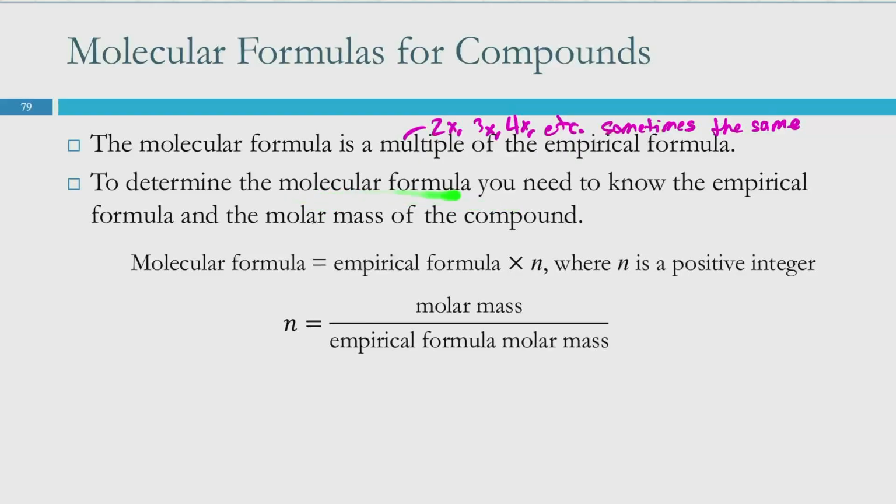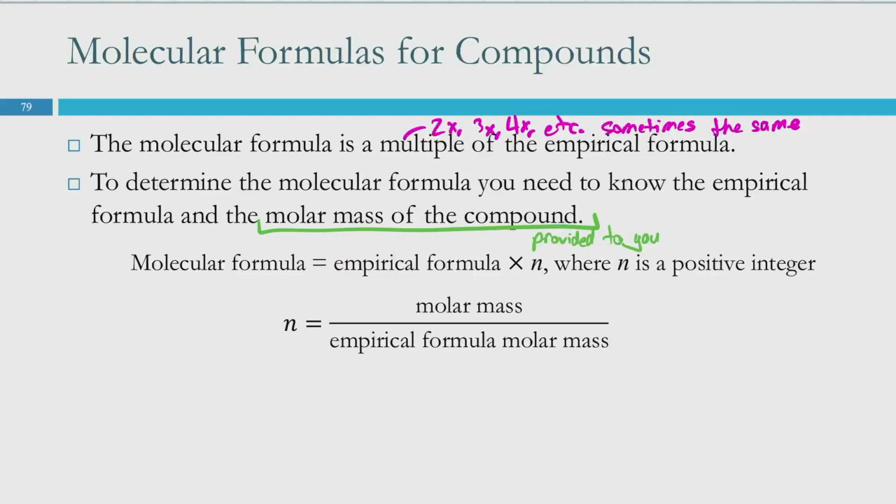In order to determine the molecular formula, we need to know the empirical formula and the extra piece of information, the molar mass of the compound. This would be provided to you if it was on an exam or in a lab.